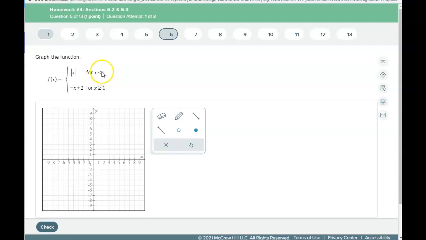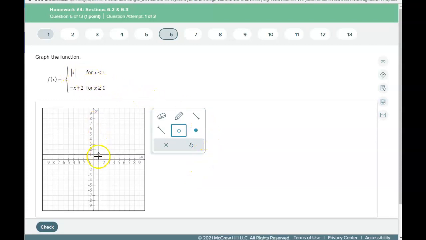Right here you're going to have an open circle where x is 1, and if I plug a 1 into the absolute value of x, I get a 1. So at the point 1, 1, I will have an open circle.